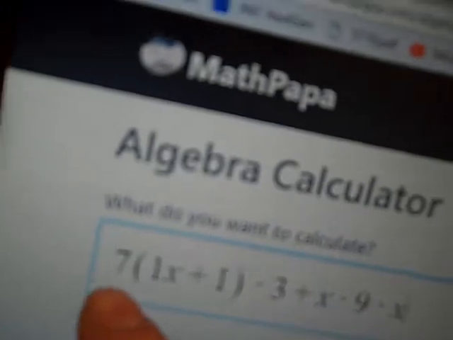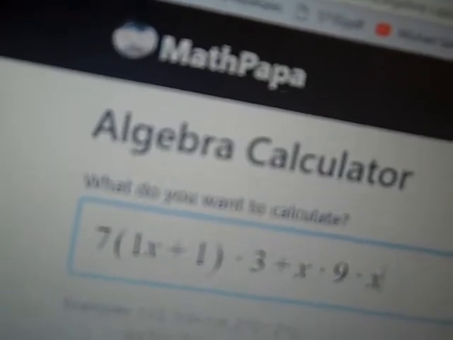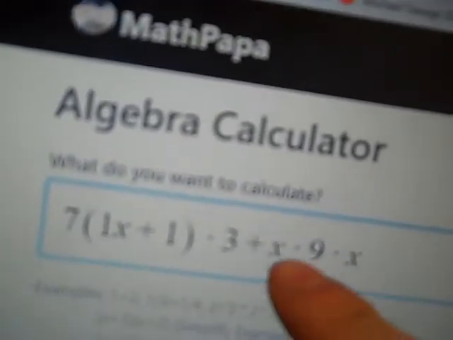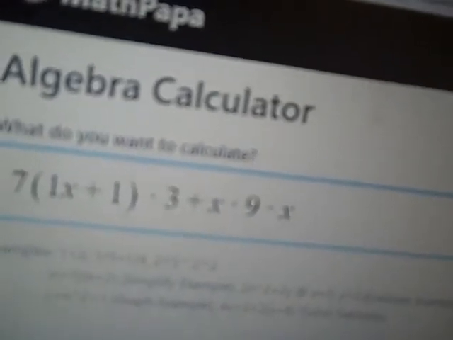And what's going to happen is they'll take 7x plus 7, and then we'll times both those by 3, which would be 21x plus 21, and then that's going to be 9x squared, okay? So I'm expecting 9x squared plus 21x plus 21. Booyah, okay?